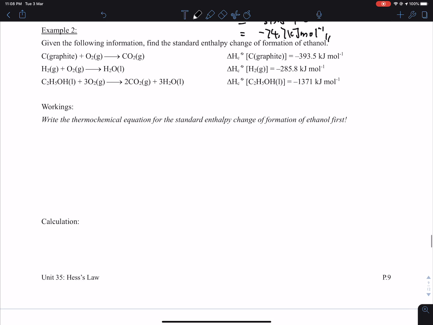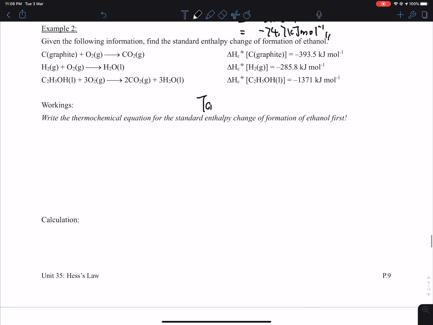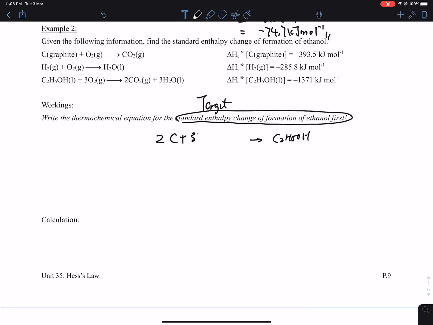Okay, alright, so let's try to go through the steps. Your target is to find the enthalpy change of formation of ethanol, C2H5OH, from the constituent elements 2C plus 3H2 plus 1/2 O2.